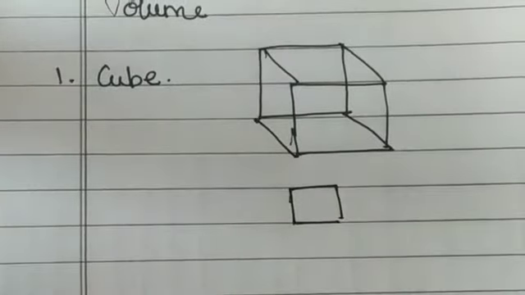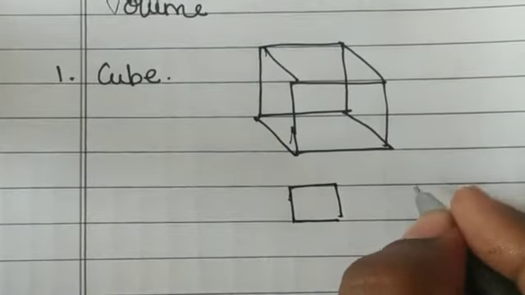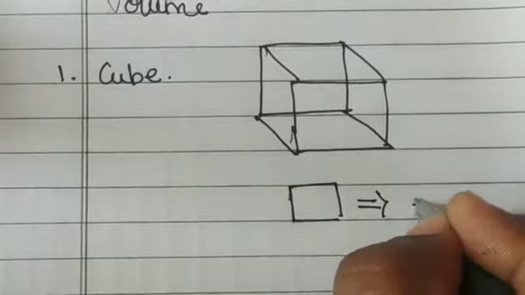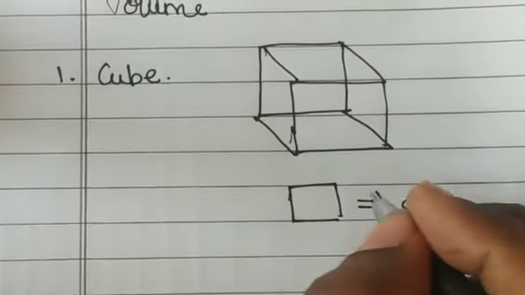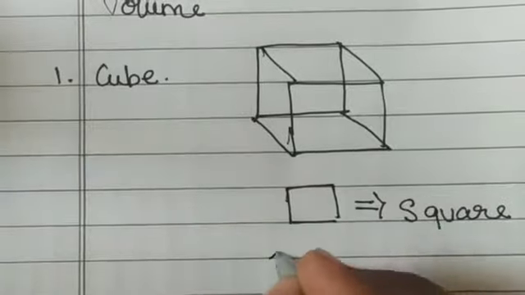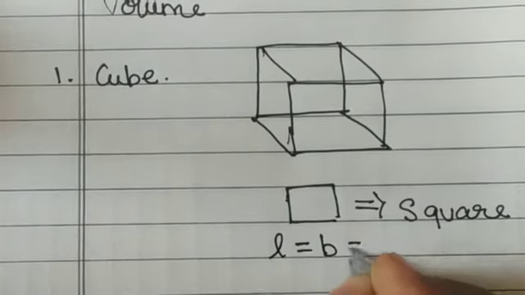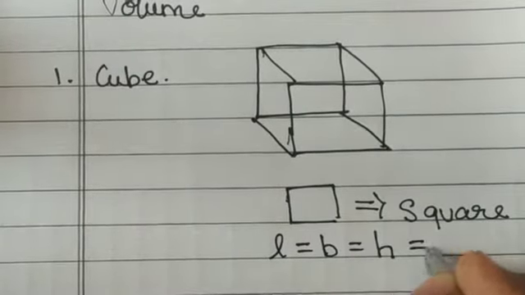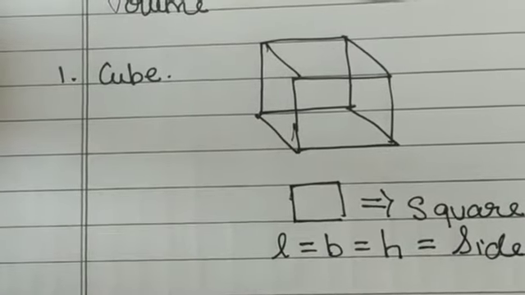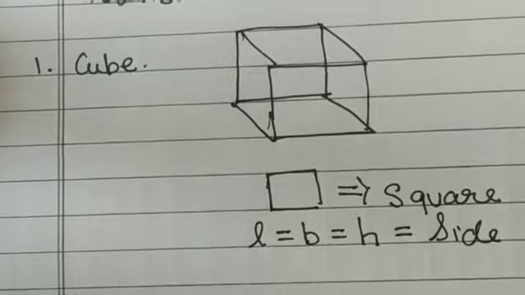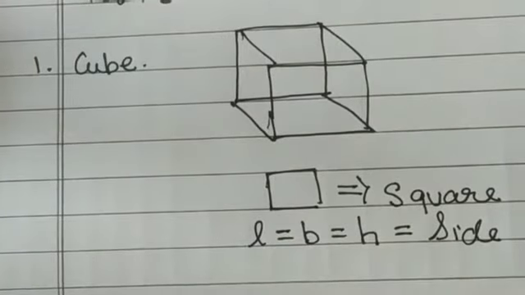So in a cube you will see length equals breadth equals height. All the sides are equal in a cube.